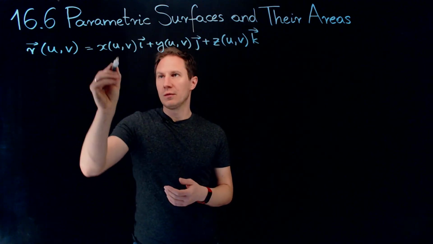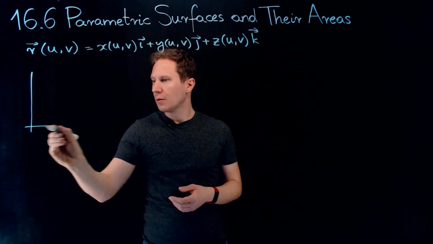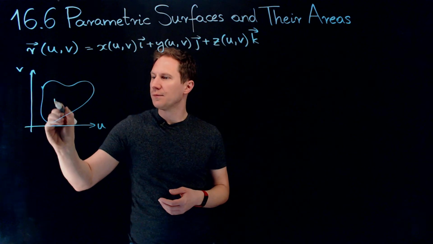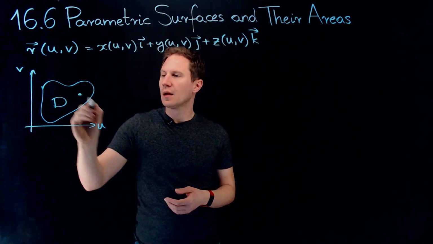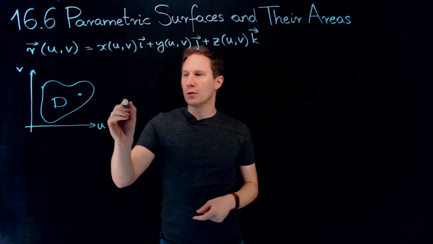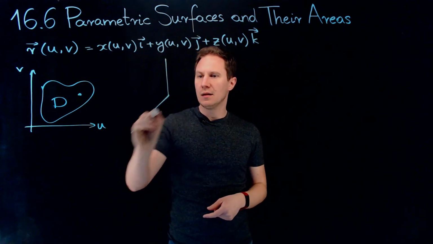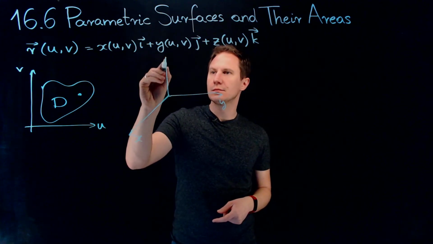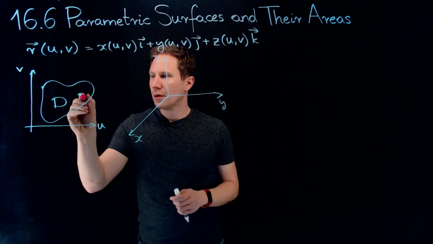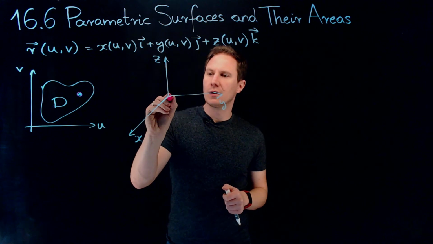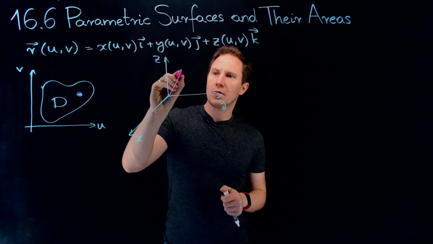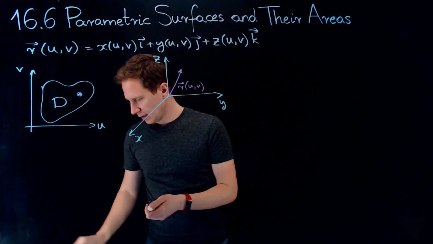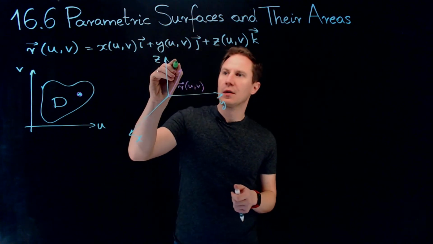So imagine you have some domain D in the uv plane, and as (u, v) varies over this domain, in the x, y, z coordinate system the vector r(u, v), with its endpoint, will trace out some surface.